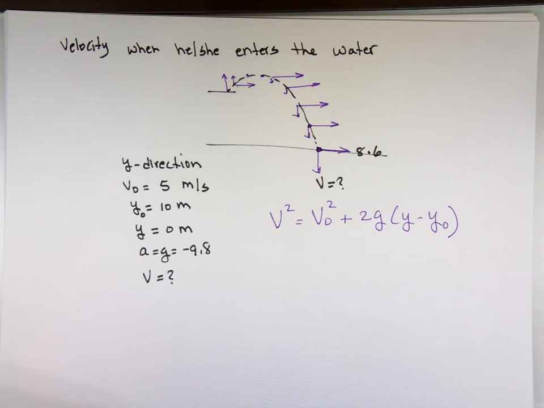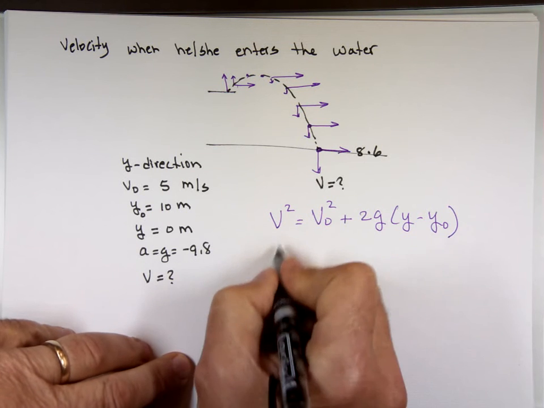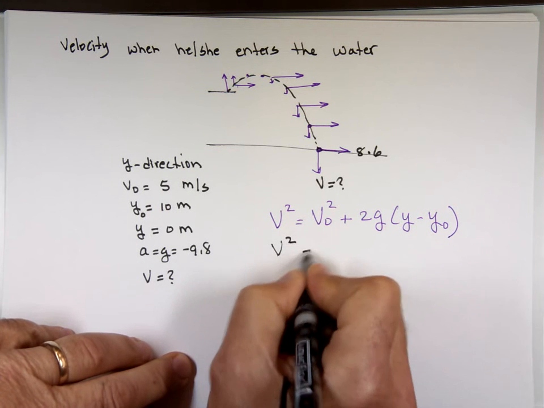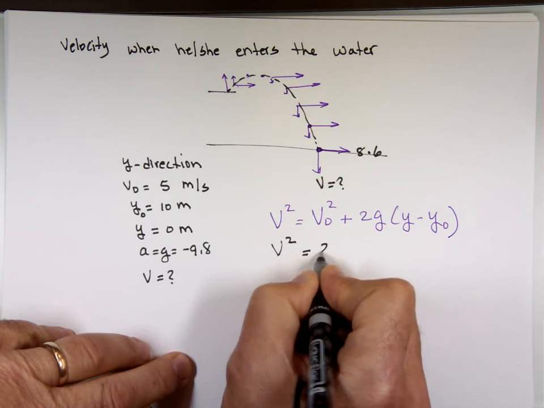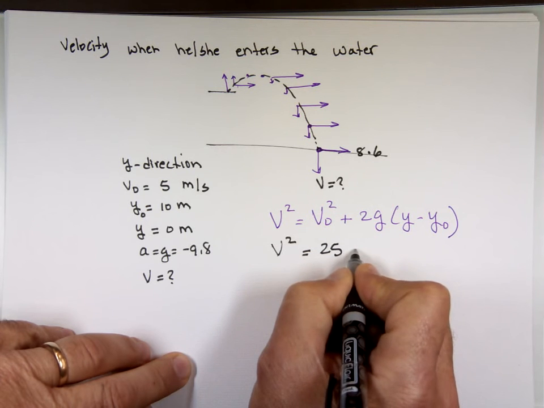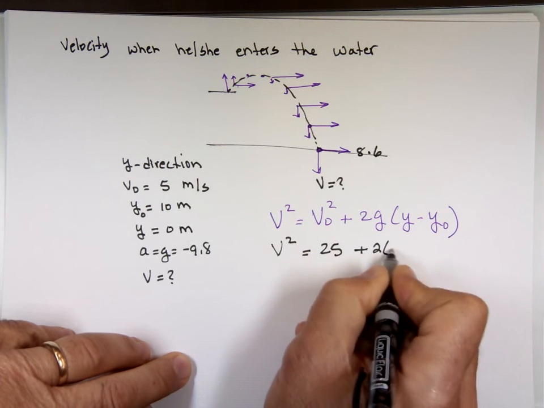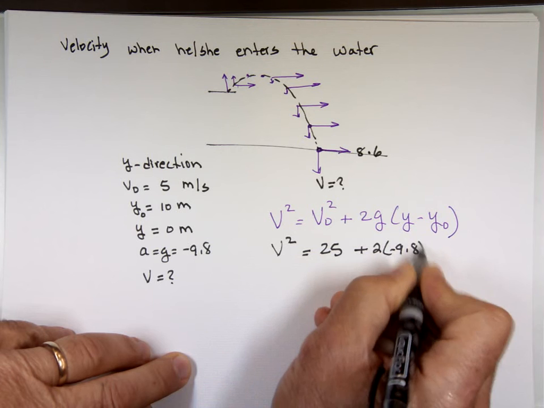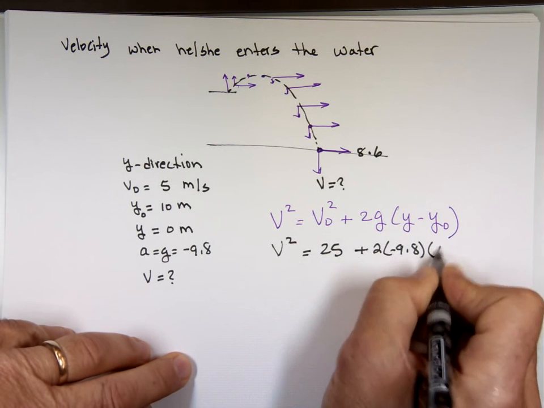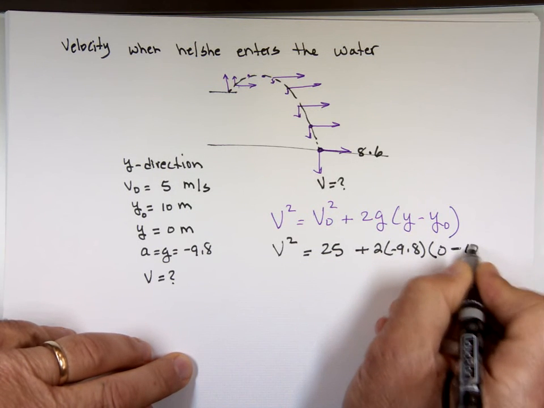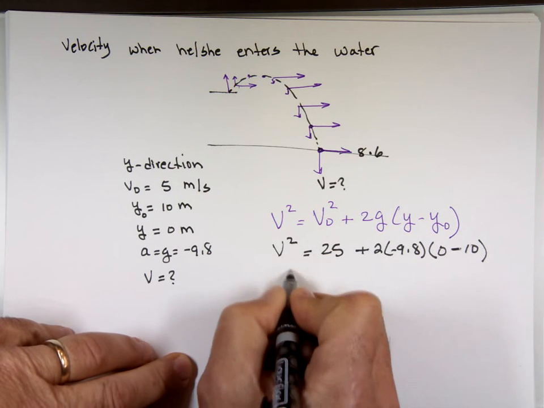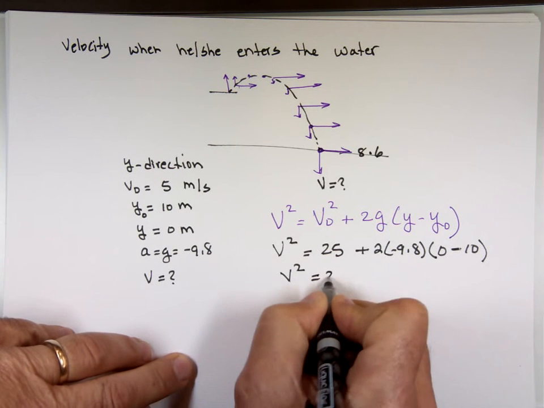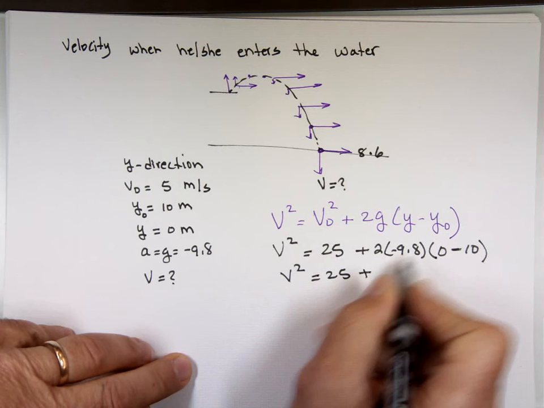V squared equals V0 squared, which is 25. 5 squared is 25. Plus 2 times negative 9.8 times y, which is 0 minus 10. 9.8 times 2 is 19.6, times 10 is 196.